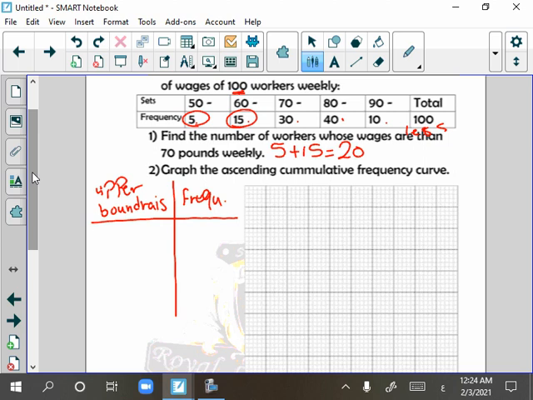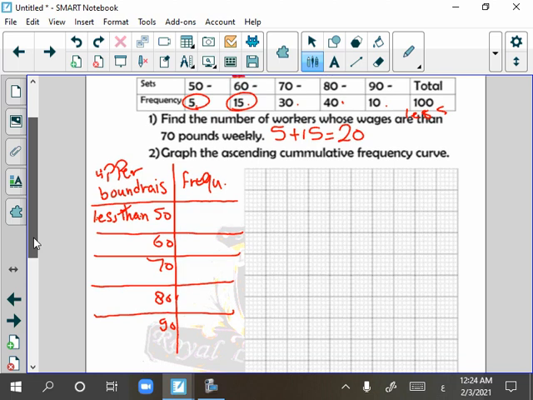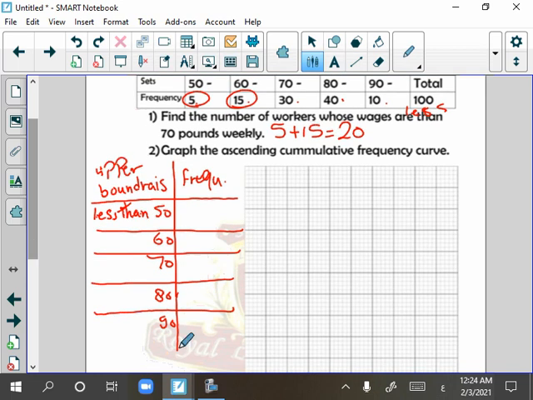Our sets are less than 50, less than 60, less than 70, less than 80, less than 90, and finally less than 100. The number of workers less than 50 is none, so the frequency equals 0.